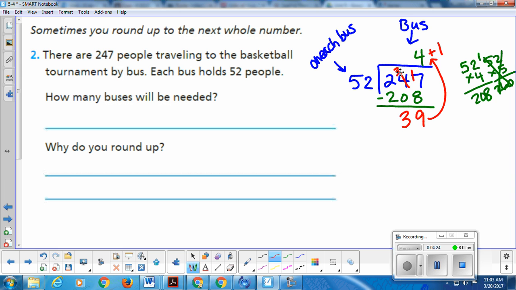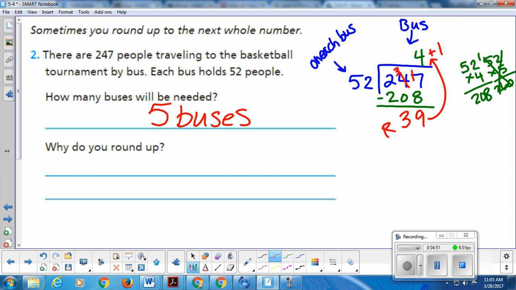Why? We don't want people just what? We don't want anybody left behind. Everybody's got to go to the basketball tournament. So how many buses will we need? We will need 5 buses. Yes, 5 buses, because this remainder of 39 are people.